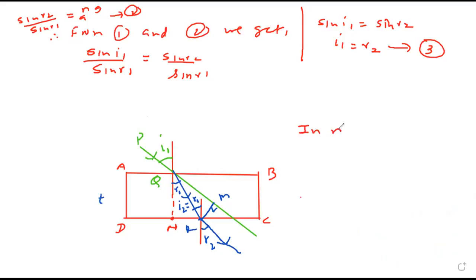In right angled triangle QNR, who is the hypotenuse? QR.